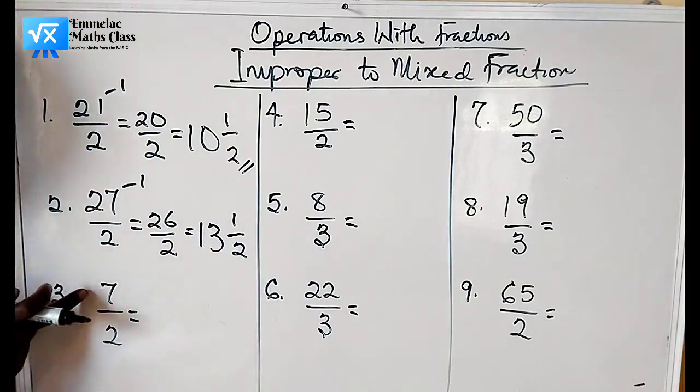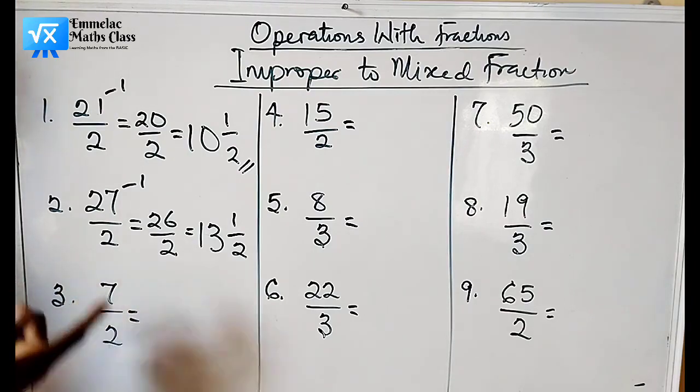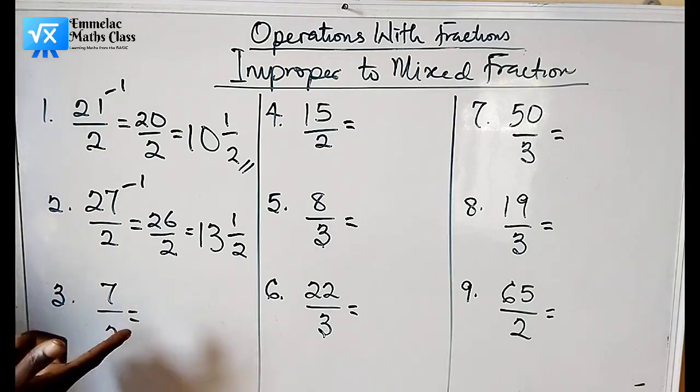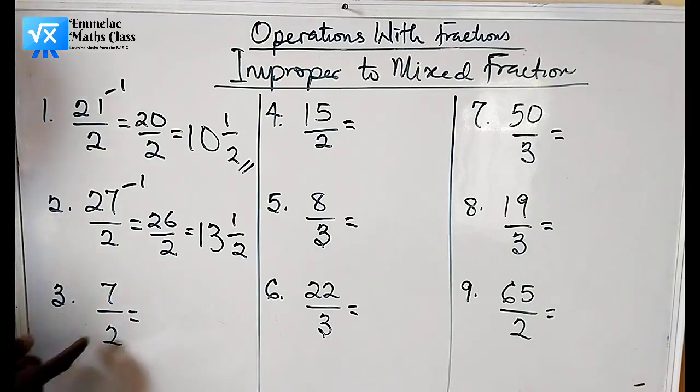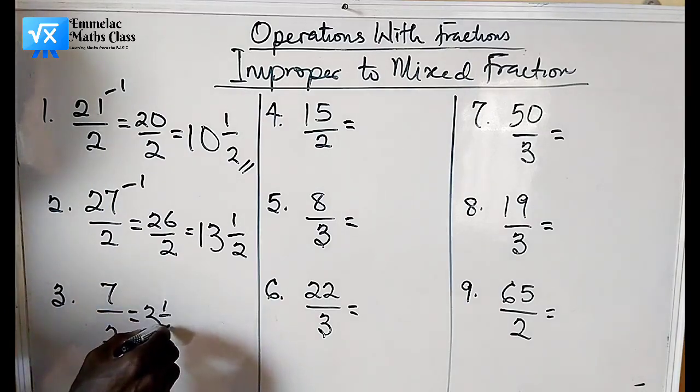Now this is a single digit numerator. Doing this, you can straight away ask yourself how many 2s can you get in 7? That is 3, with remainder 1, which gives us 3 whole number 1 over 2.